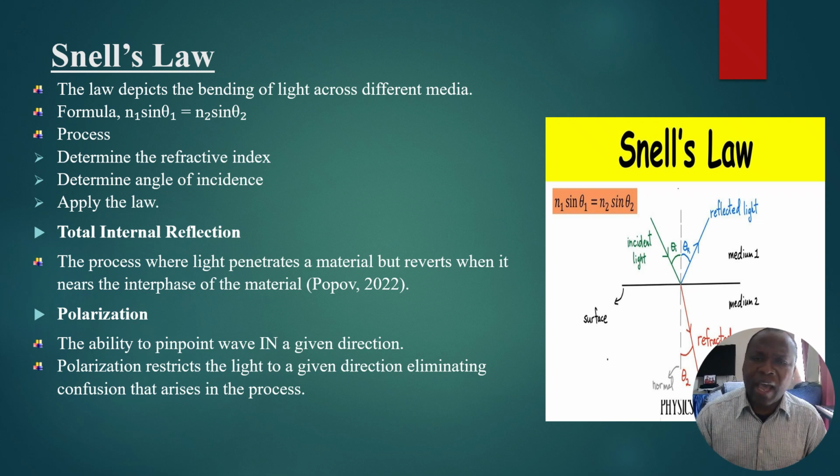Now we can calculate the value. The value of sin 45 is approximately 0.707. That is 0.707 divided by 2, which gives us 0.3535.